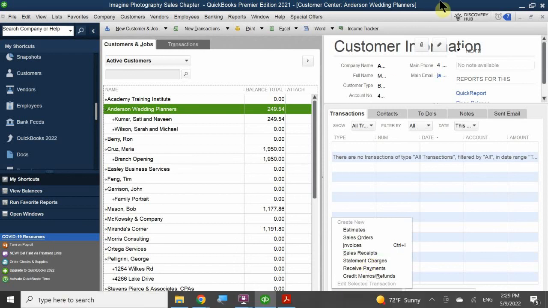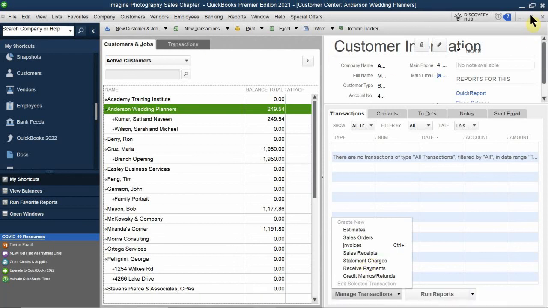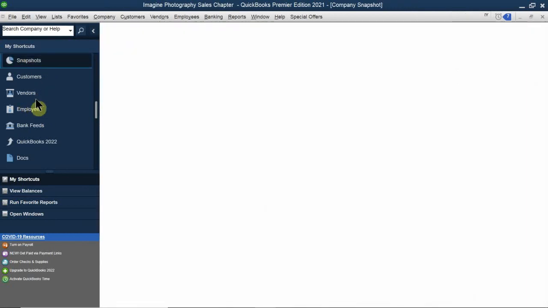Last but not least is going to be the income tracker. So however you get to the income tracker, whether it's through your menu bar, the center, or usually the icon bar is your go-to. Okay? Income tracker. So let me scroll up on my icon bar here.